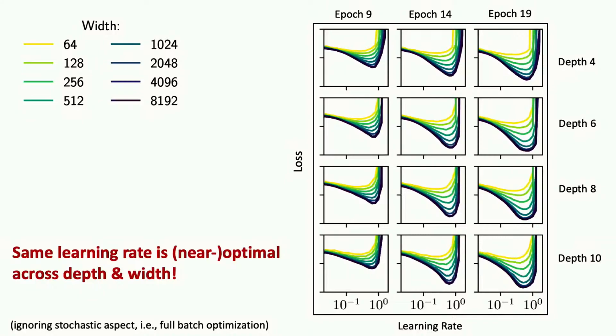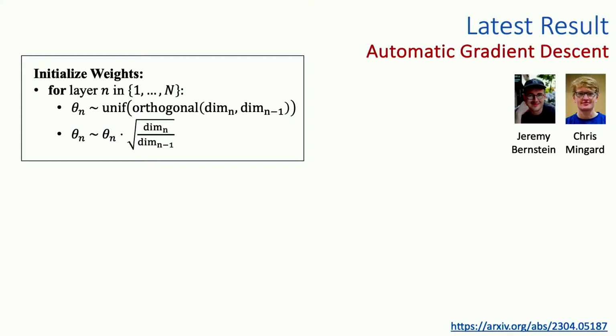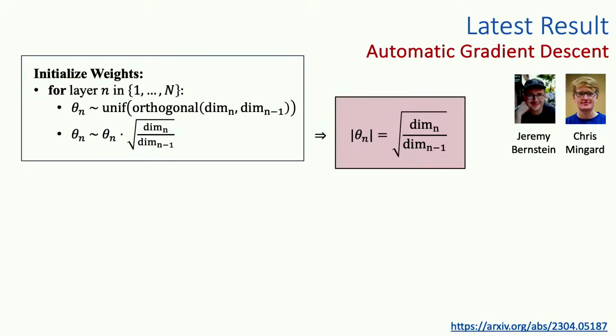So this is just the first result. The latest result, by Jeremy and a PhD student from Oxford named Chris Mingard, is called automatic gradient descent. It's built on the same idea, and it makes two further contributions. First, we have a special way of doing initialization, which implies that the norm of each layer's weights has this property, which, if you remember, appeared already in the update rule.